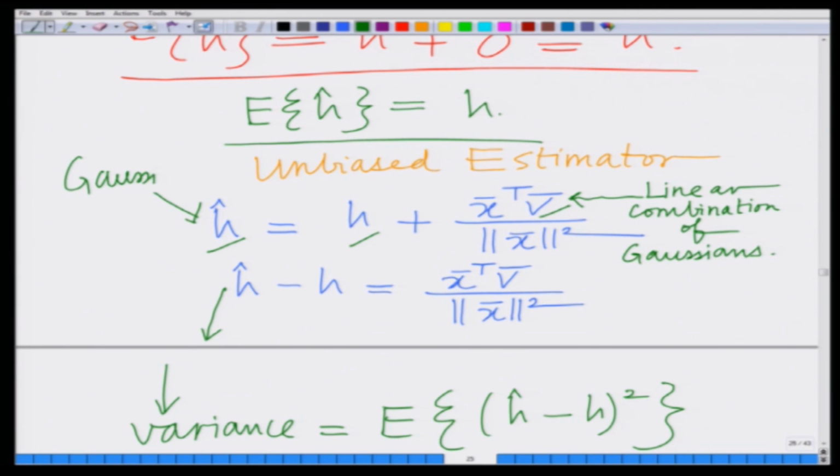That is, H hat is this Gaussian x bar transpose V bar shifted by the mean, which is H. So, this is the mean of H hat, therefore, it follows that H hat is in fact Gaussian.